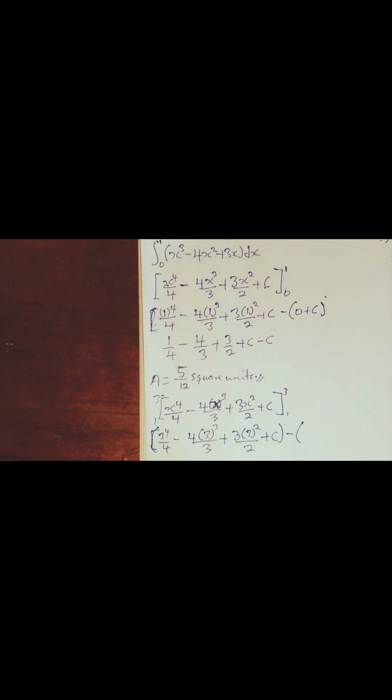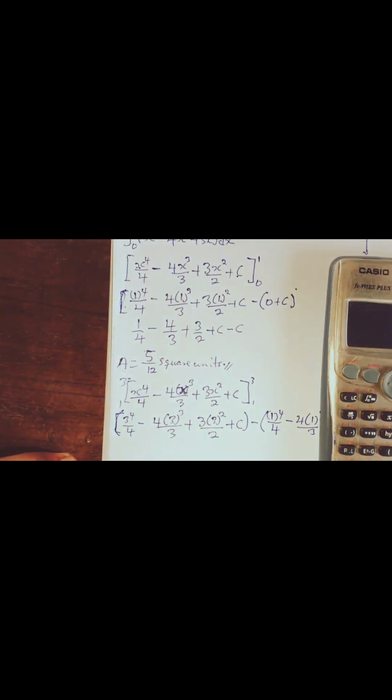And the whole of the 1 is giving me this. So why will I worry myself by finding it again? Let me just put it there. But if you want to follow the process, okay, let me put it. It becomes 1 power 4 over 4 minus 4 into bracket 1 power 3 over 3 plus 3 bracket 1 power 2 over 2 plus c.